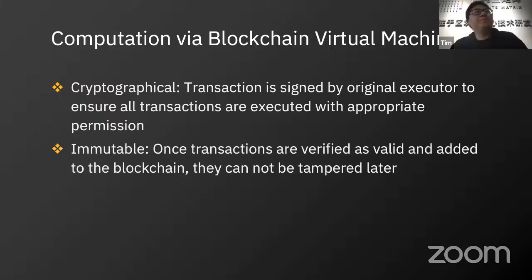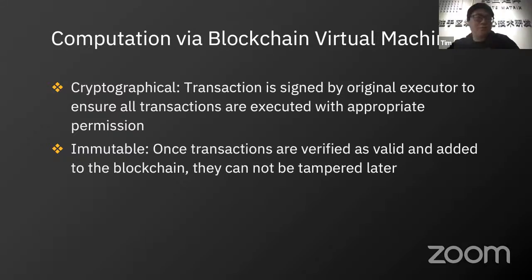Okay, so there are two important attributes of the blockchain virtual machine. The first is that it is cryptographically verifiable. A transaction is signed by the original executor to ensure that all transactions are executed with proper permissions.